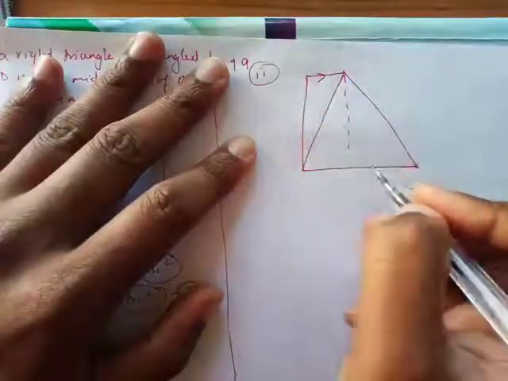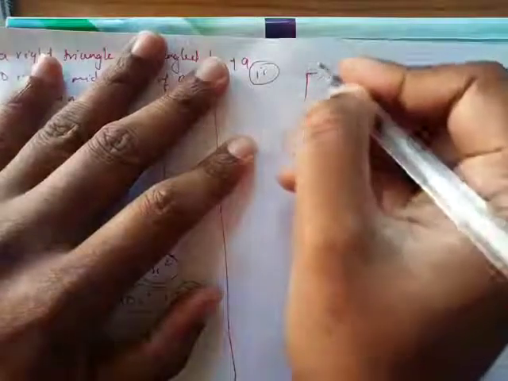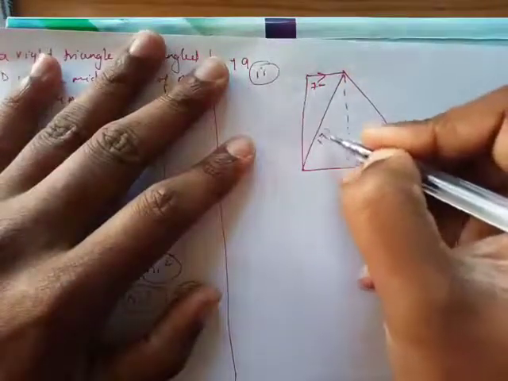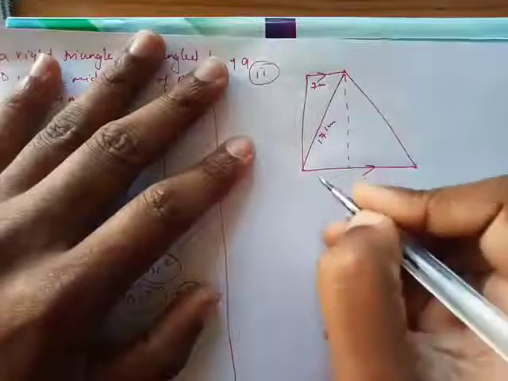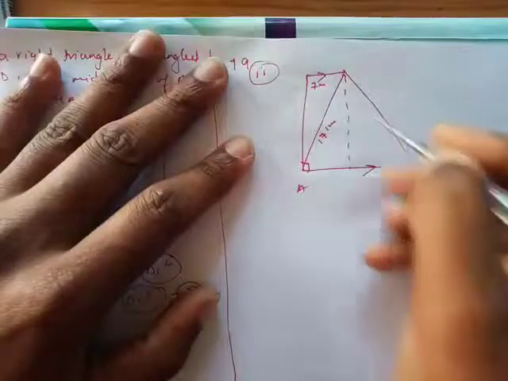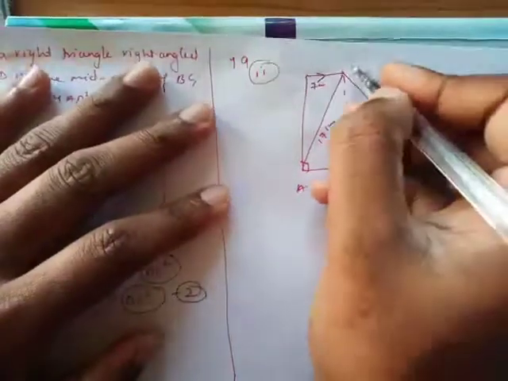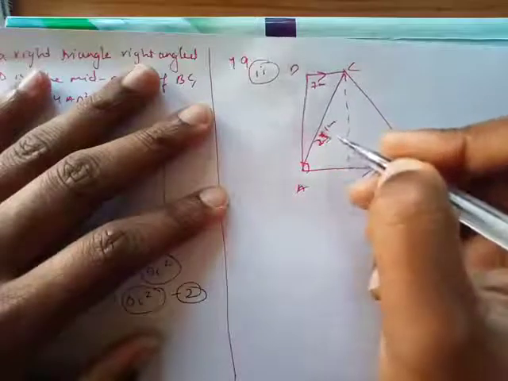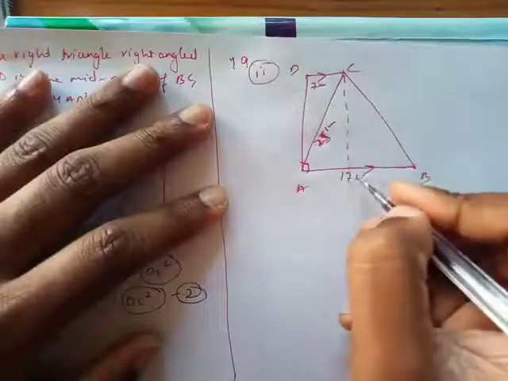This is parallel to this line. This is 7 centimeter. This is 17 centimeter, and here it is 90 degree. So A, B, C, D. Sorry, this is 25. This is 17 centimeter.